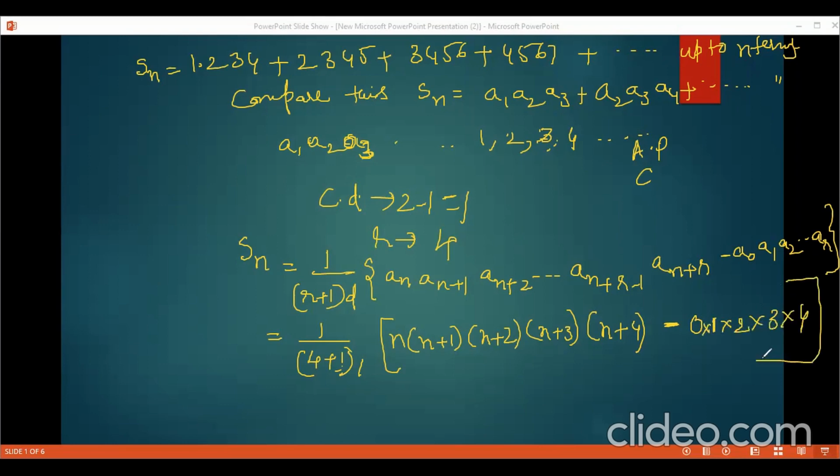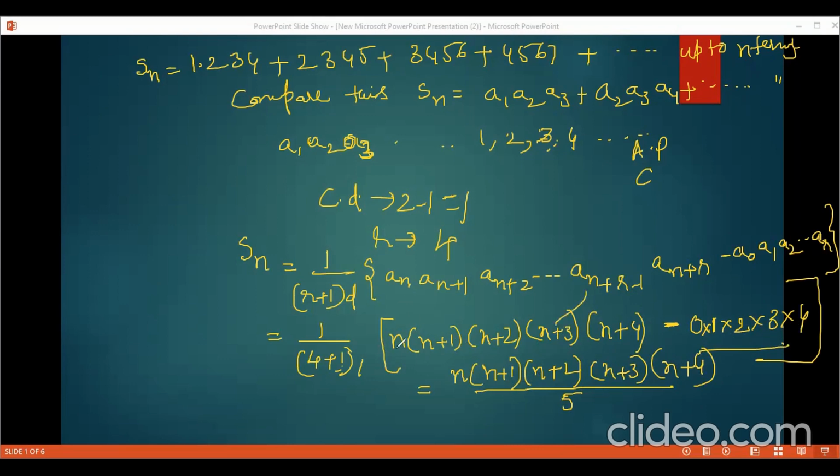Yes. So finally, what do you get? N into N plus 1 into N plus 2 into N plus 3 into N plus 4, divided by 4 plus 1, which is 5. Okay? This will be the final answer, because the subtracted part is 0; 0 into something is 0. You will get only this part.